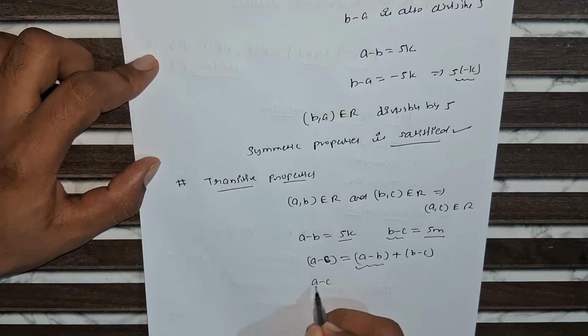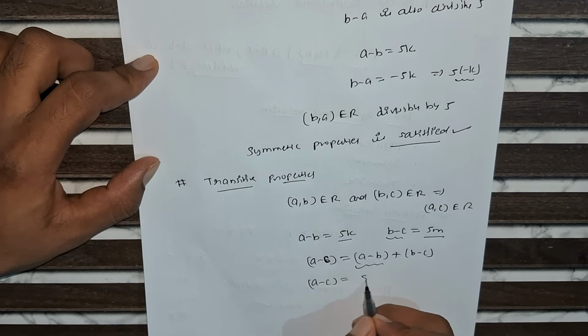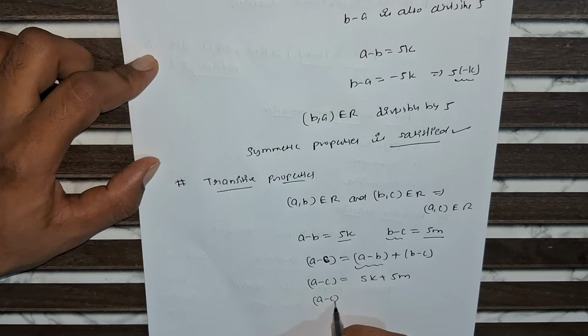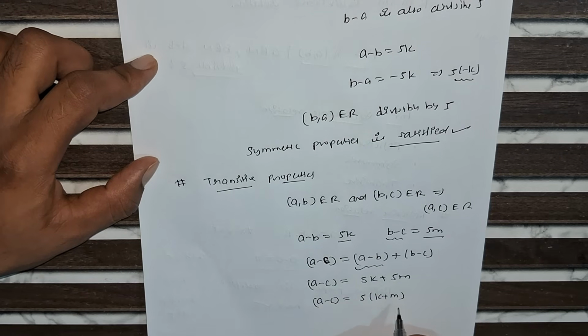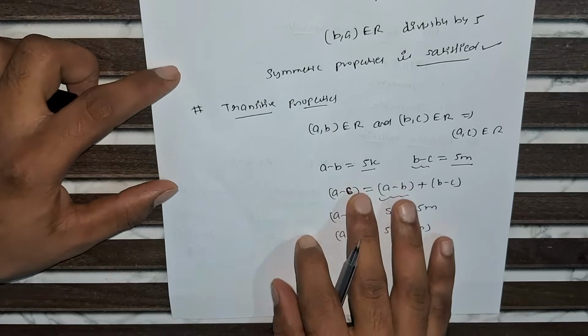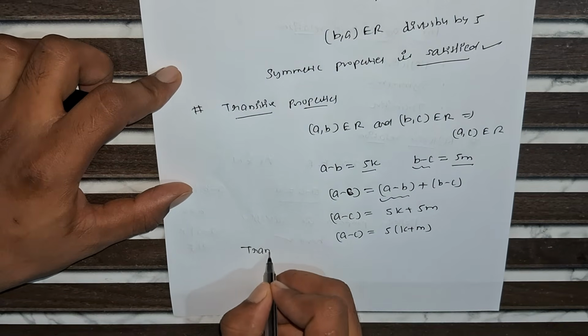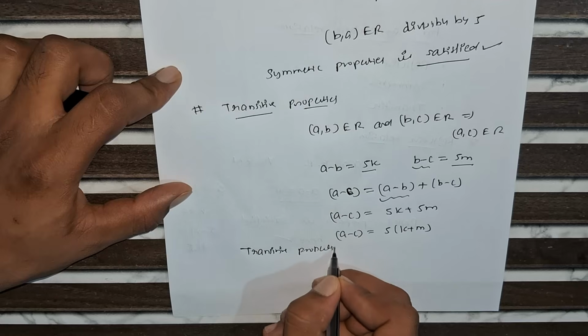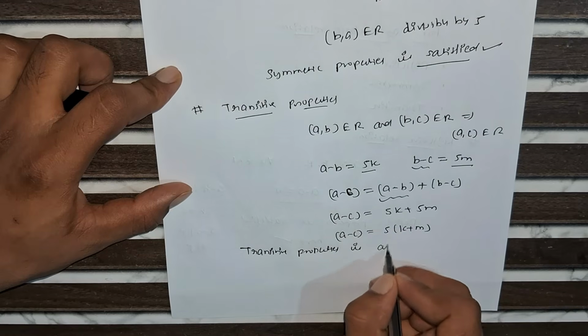So a minus c equals 5k plus 5m, so a minus c equals 5 times (k plus m). Whatever values we take for k and m, it is also a multiple of 5. So we can say that the transitive property is also satisfied here.